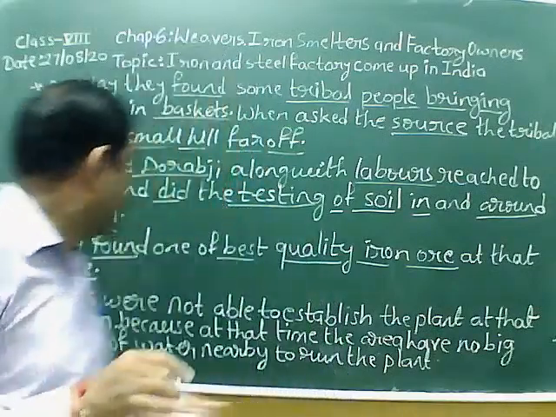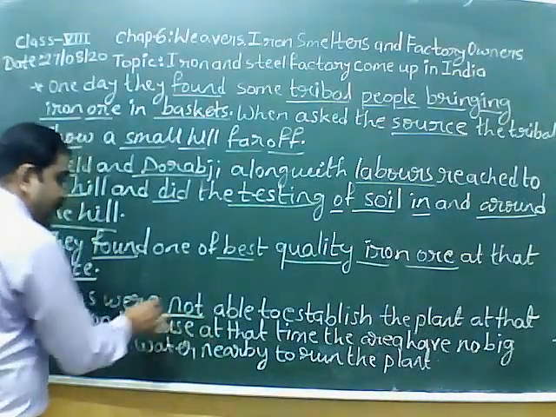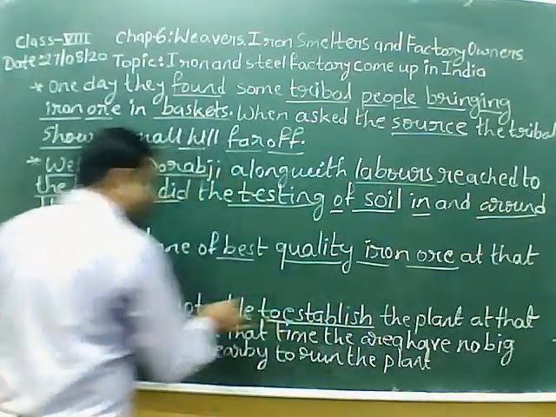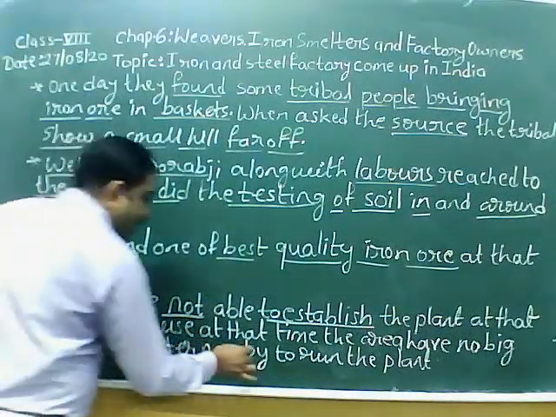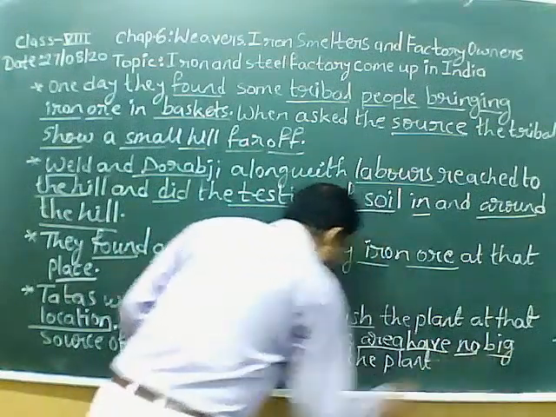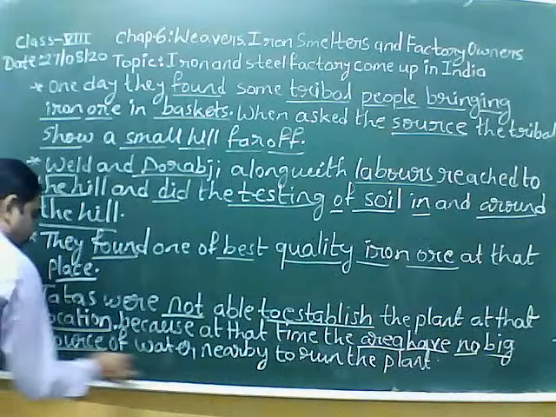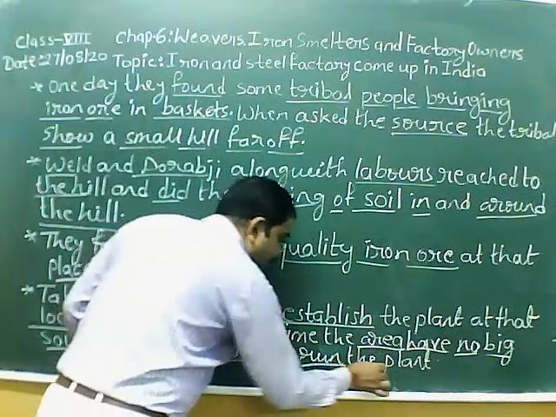The reason was, they were not able to establish the plant at that location because at that time the area had no big source of water nearby to run the plant.